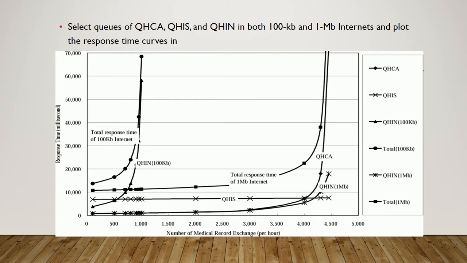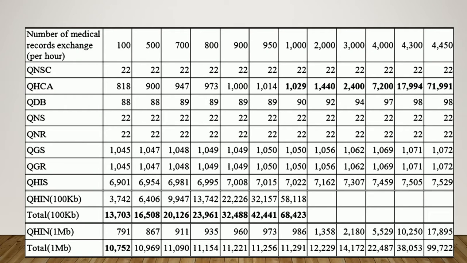As we can see in this table, when the number of exchanges increases from 100 to 4,000, the response time increases by less than 30 milliseconds, or even doesn't change, in the queues QNS, QDB, QNR, QGS, QGR. It means that the bottleneck may not be in these queues. The other queues increase sharply.